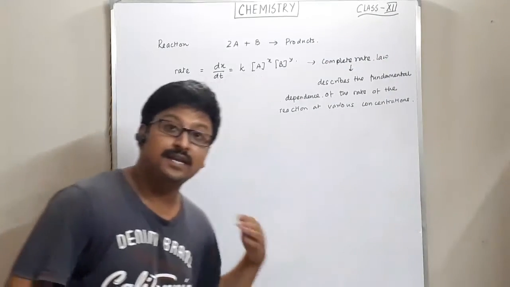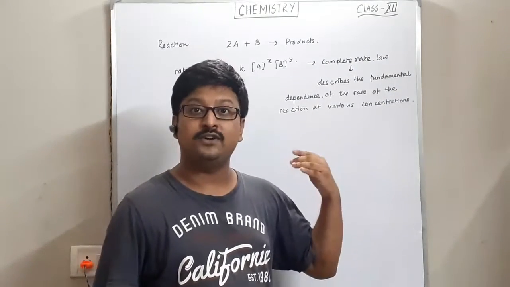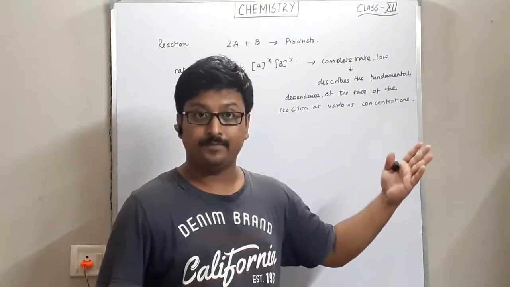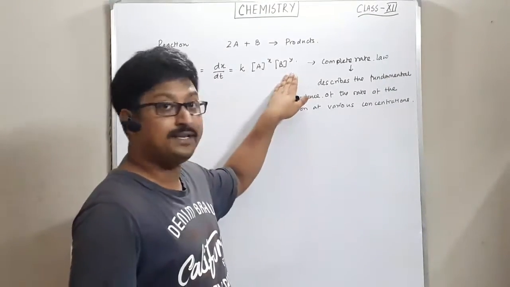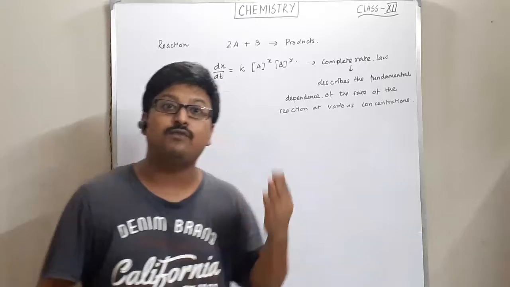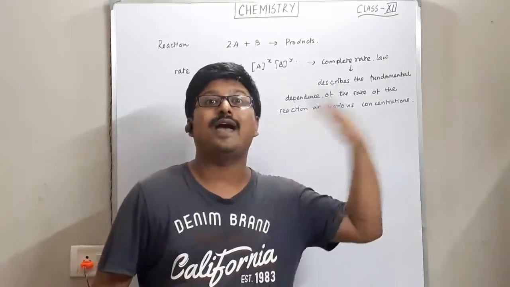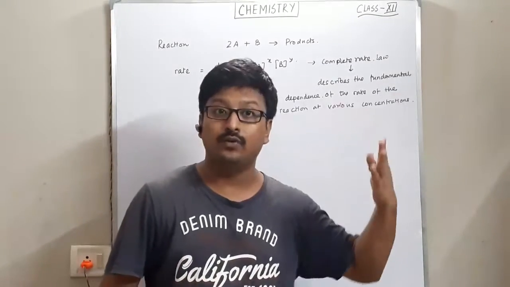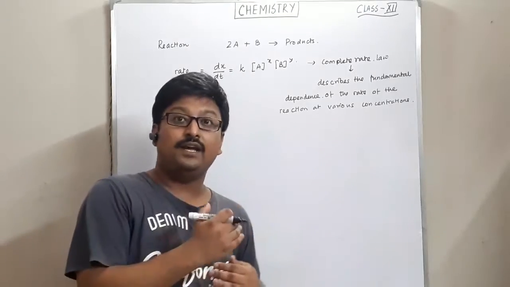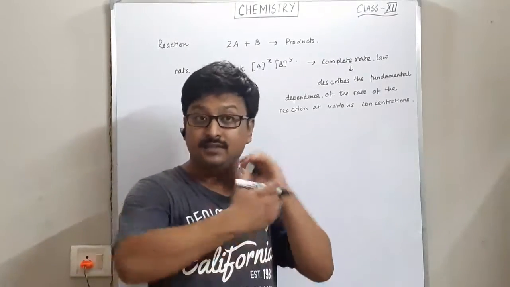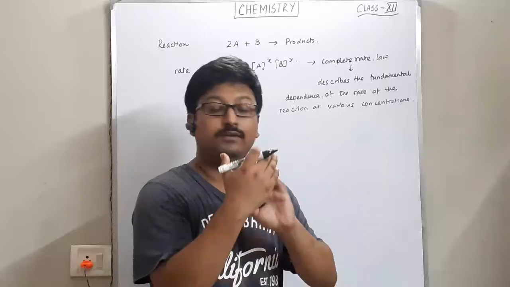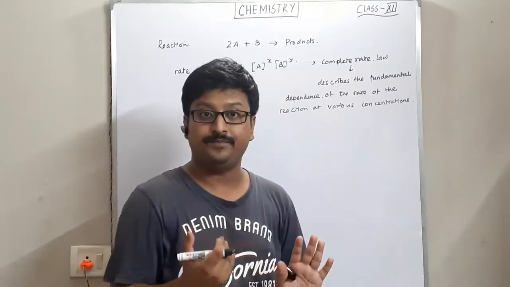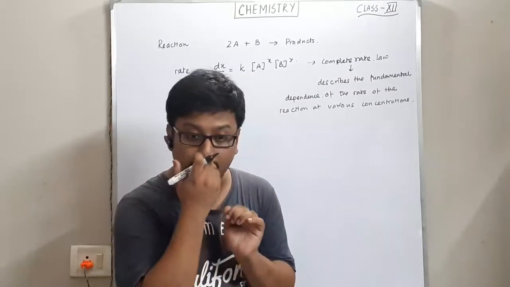That means with respect to the rate, the concentration has power 4. Or if x is 1 and y is 1, then 1 plus 1 is 2. That is the square dependence, order 2. That means the rate depends on the square of the concentration. This is the dependence we were talking about.